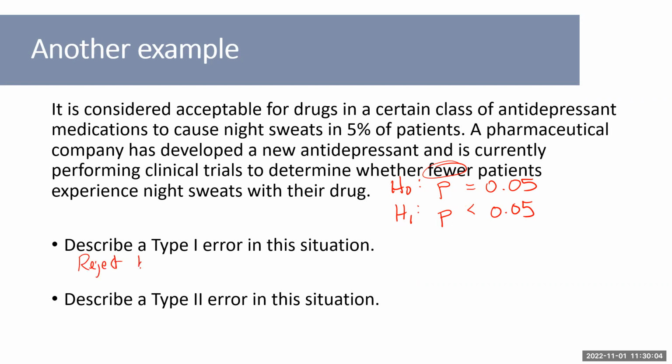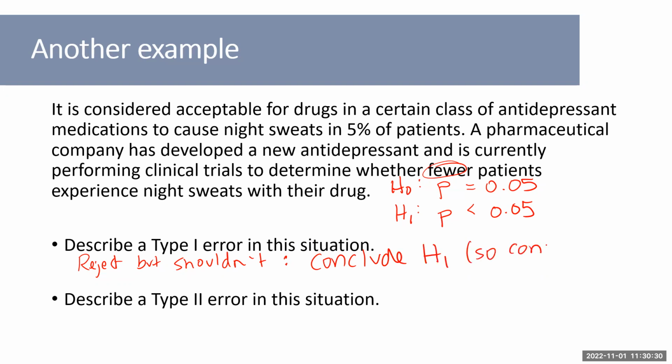Okay? Now, in a type 1 error, remember type 1 means that we reject but shouldn't. Okay? So in this situation, if they rejected, that means they're going to throw out the null in favor of our alternative.